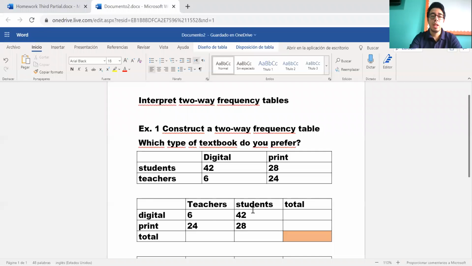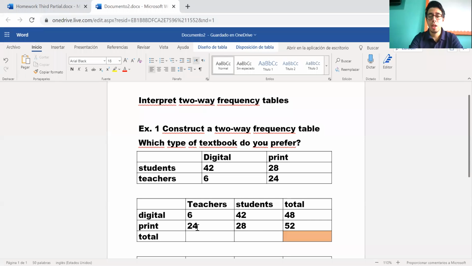The important thing here is that we are going to find the sum for all the rows and for the columns. And you are going to see that the final answer is going to be the number of people that they asked. 42 plus 6 is 48 in this case. 24 plus 28 is 52.